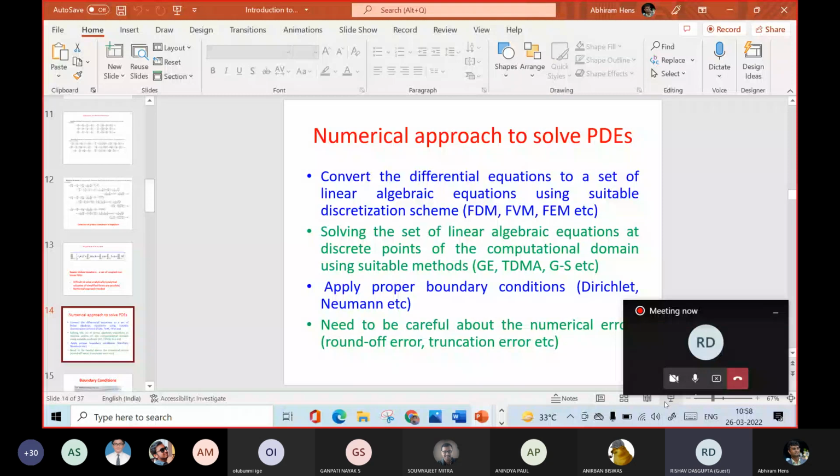Okay, so a differential equation you cannot handle directly in a computer. You need to convert the differential equation to a set of algebraic equations, and this method is known as the discretization method. So what is the first target?